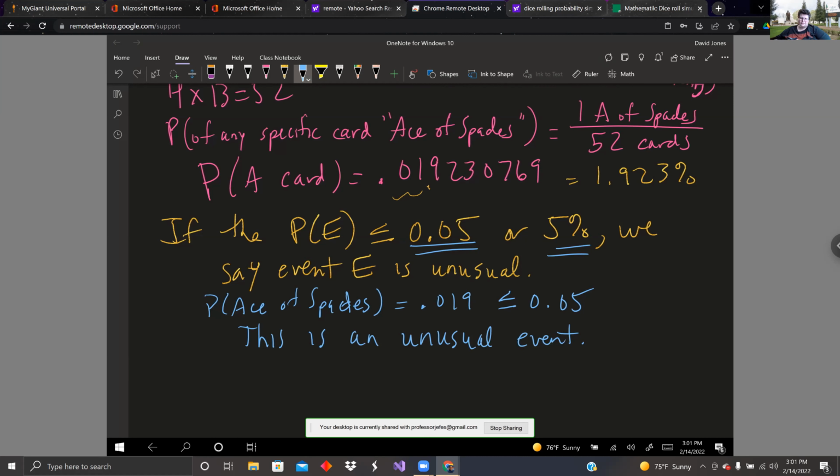Now, to me, if it were even like 6% or 7%, it's going to feel like it doesn't happen very often, and I would still, in my head, say it's unusual, but we have to pick a number just to be consistent across everything. So we pick 5%.